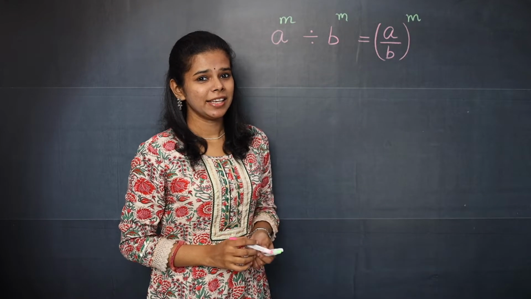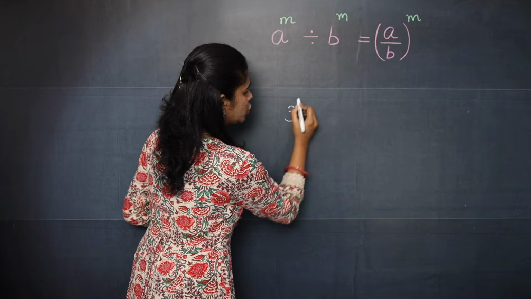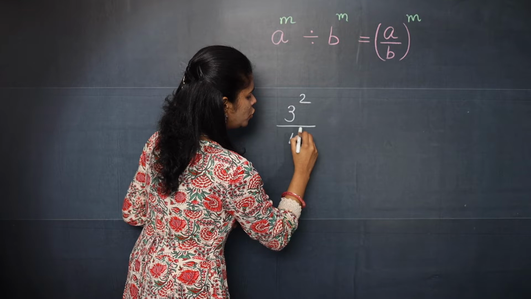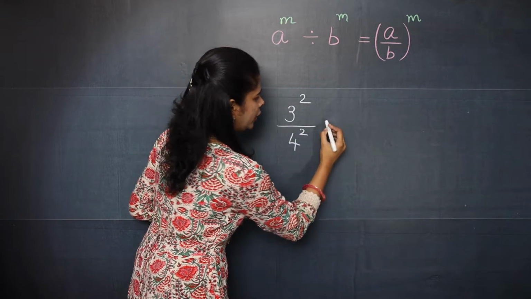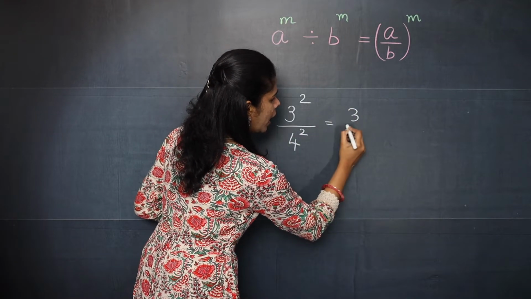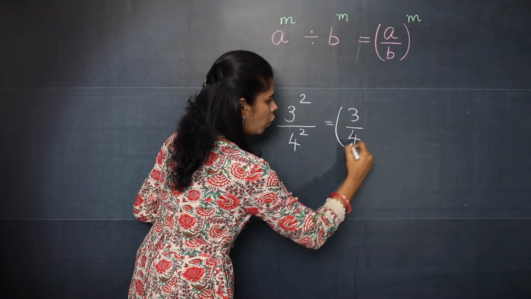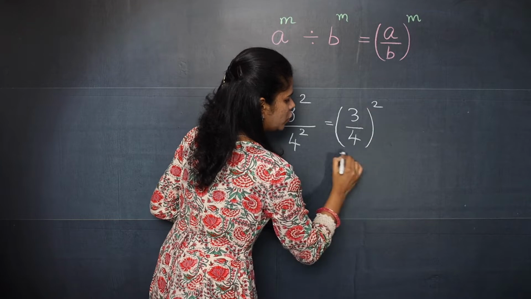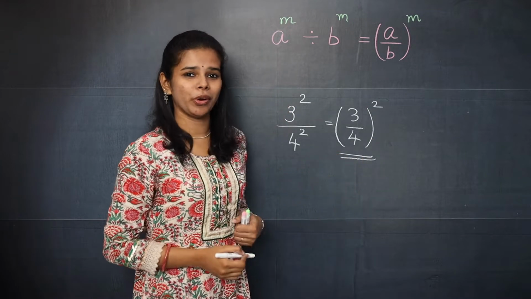So let us see some examples. 3 raised to 2 divided by 4 raised to 2. So this is equal to 3 by 4 the whole raised to the same exponent, that is 2.